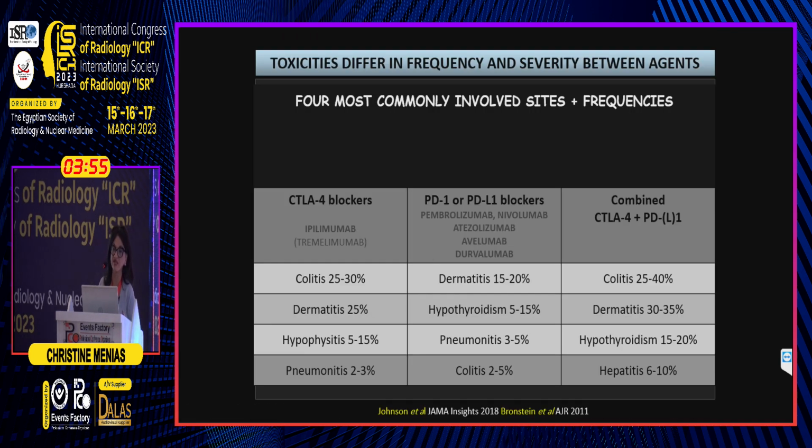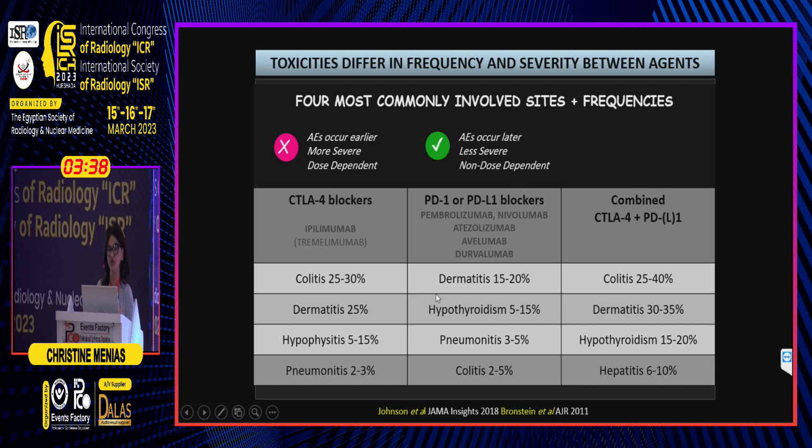And the toxicities differ in severity. So with the early ipilimumab, you could see that the diarrhea, the rash, and hormonal changes are more severe and dose-dependent. When we move on to Pembro and Nivo, they occur later. They're not as severe and not dose-dependent, meaning just because you decrease the dose doesn't mean the adverse effects go away.